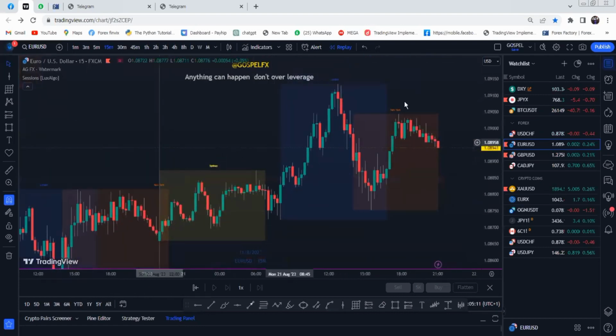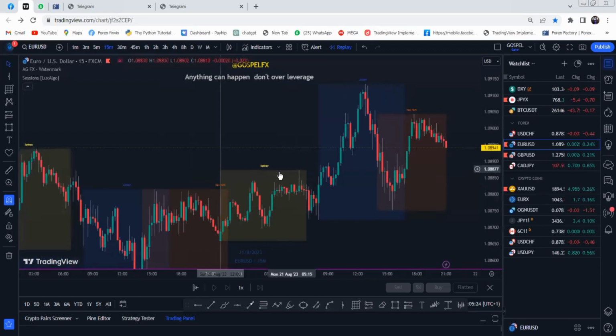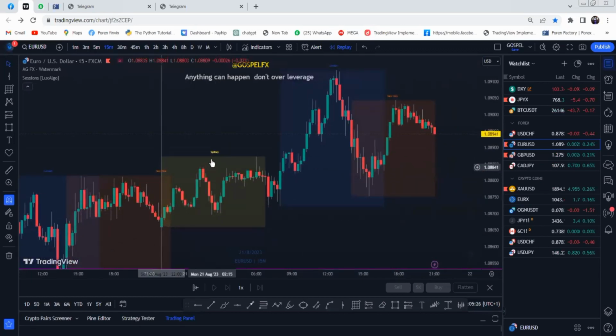Now, remember I said we are focusing mainly on 3 sessions, which is the Asian session, the London session, and then the New York session. This first box that you see here is the Asian session. You'll notice by its characteristics that it was actually barely moving.